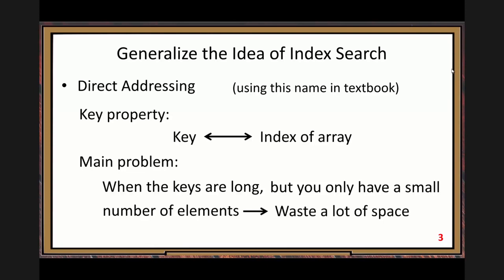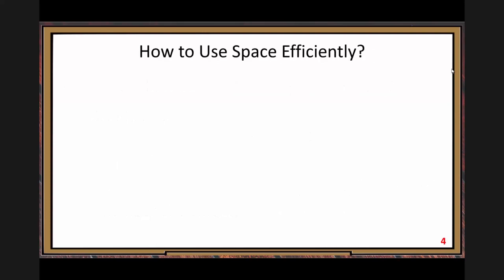That's the problem. If you want to use the index search directly, you would waste a lot of memory space. Why is that? Let me use my next slide diagram to explain why we would waste too much space in this method. How to use space efficiently?